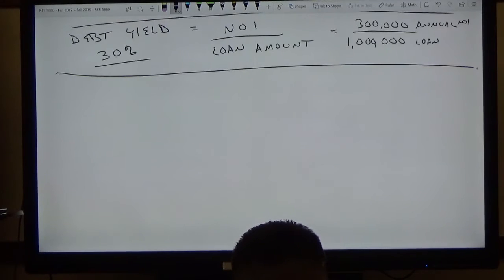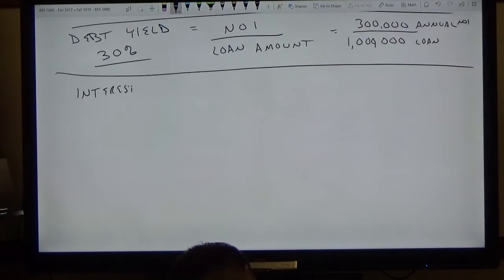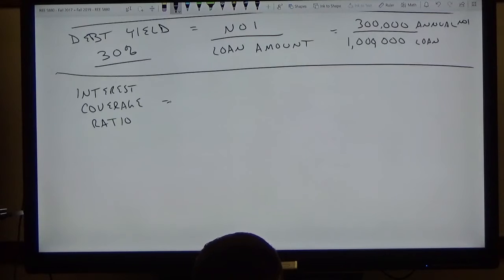Moving forward. Another one is the interest coverage ratio. And this one is where you're going to have basically two variables.